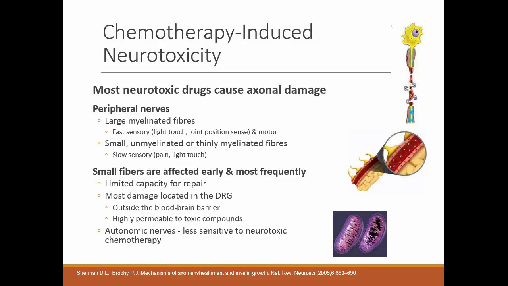The dorsal root ganglion is the area that's most damaged, and this is because it's not protected by the blood-brain barrier, and this makes the DNA in the cell body a lot more susceptible to neurotoxic effects. The autonomic nerves are a little bit less sensitive.